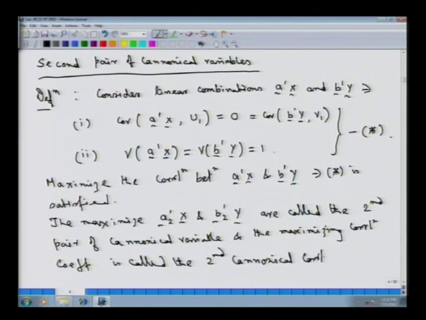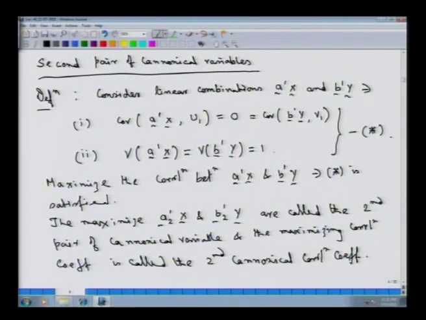So, what is the second pair of canonical variables? We look at all such linear combinations now restricted to the situation that these linear combinations will be uncorrelated with the first canonical variable. The respective component b' y will be uncorrelated with the first canonical variable pair component which is associated with y, with unit variances, and then we will try to maximize the correlation between all possible a' x and b' y such that the condition star is satisfied.